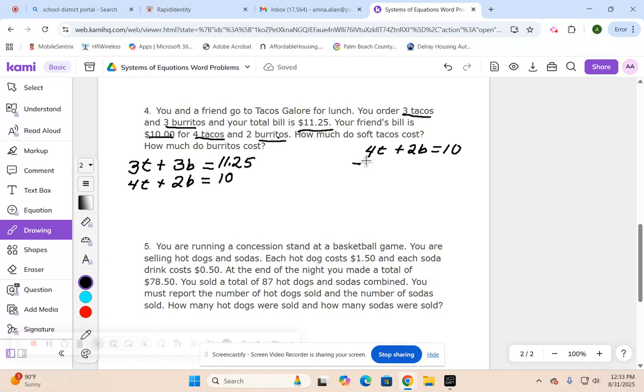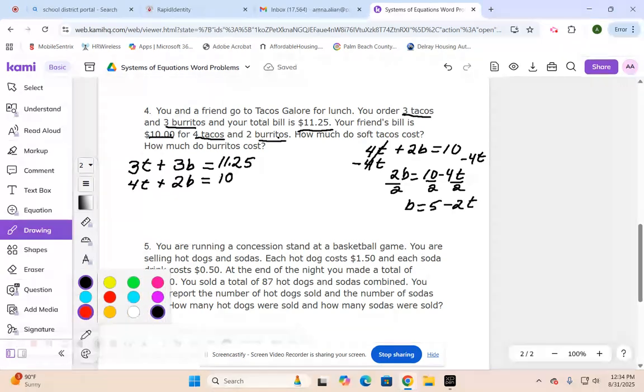Although both of them are pretty simple, you always want to go with what is simplest. Okay, so let's subtract 4T from both sides. We'll have 2B equals 10 minus 4T. We've got to get B by itself, so divide each term by 2. So we'll have B equals 5 minus 2T.